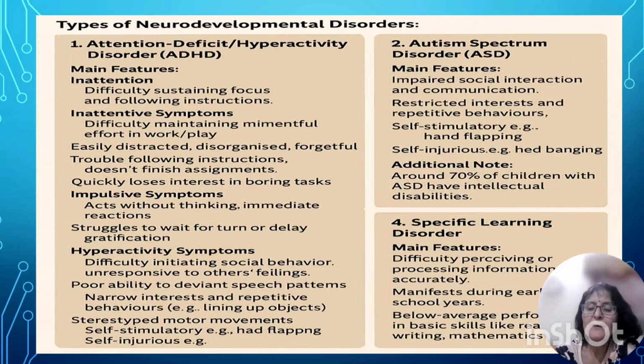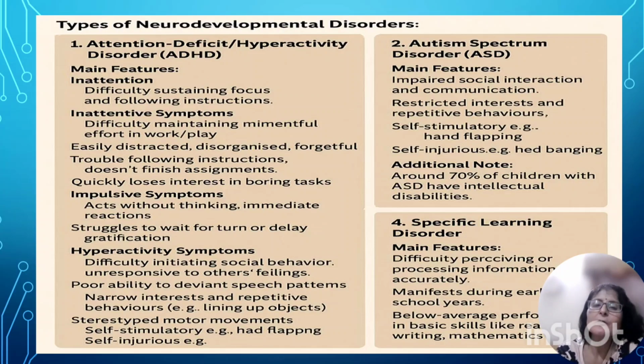And sometimes they also indulge in self-harm. So this is all about ADHD, and yes, drugs are also given for the treatment, and they work also. In extreme cases, it has to be prescribed by a psychiatrist only.